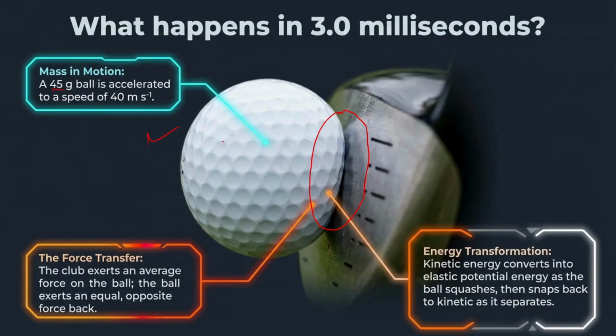Its kinetic energy, which is associated with the velocity of this ball, is converted temporarily into elastic potential energy. Then the ball returns to its original shape. That stored energy is converted back into kinetic energy.